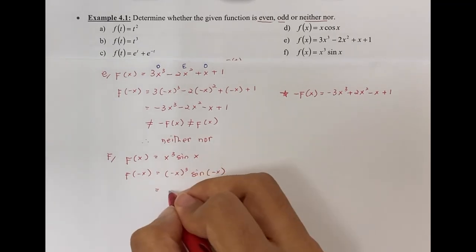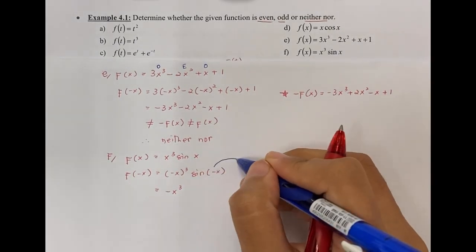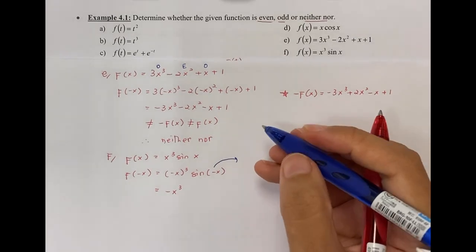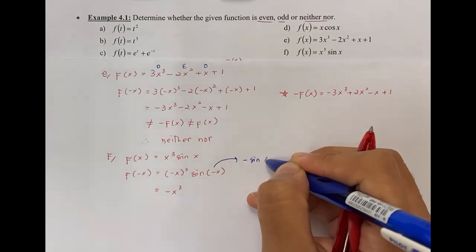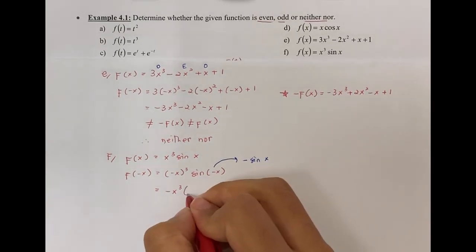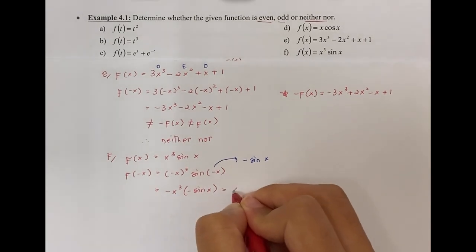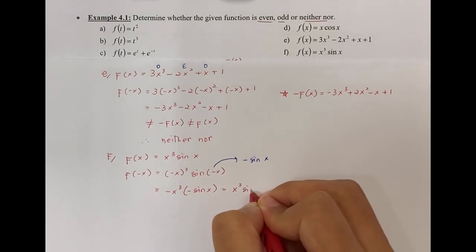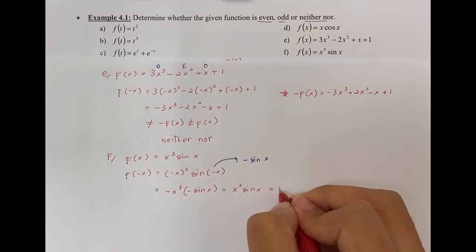Using the trigonometric identity, sine negative x is equal to negative sine x. So you have positive x cubed sine x, and referring back to your f(x), it is equal to f(x).